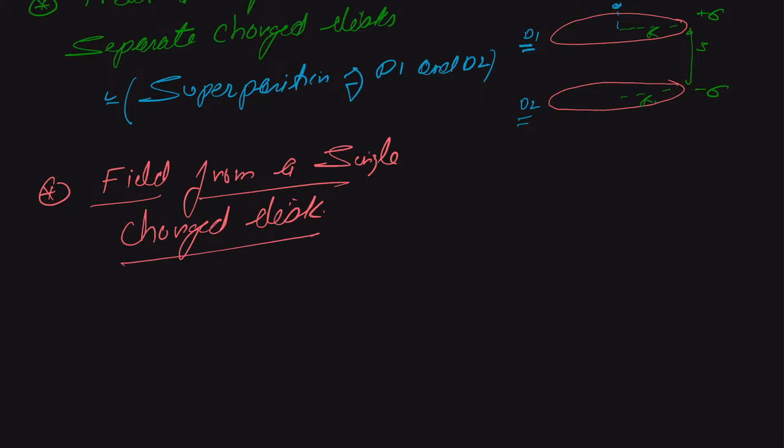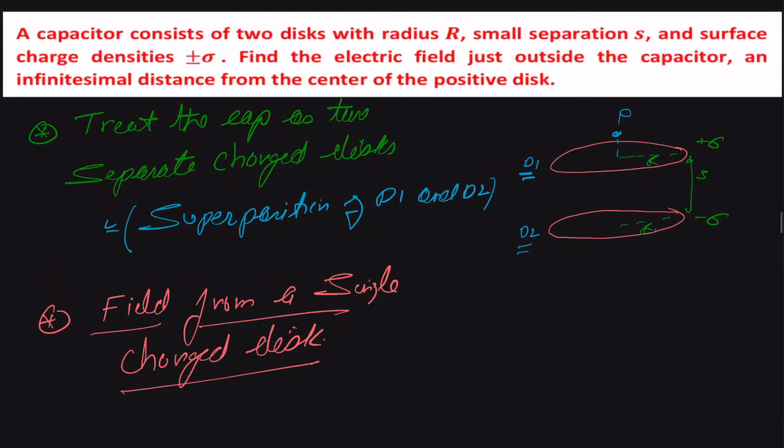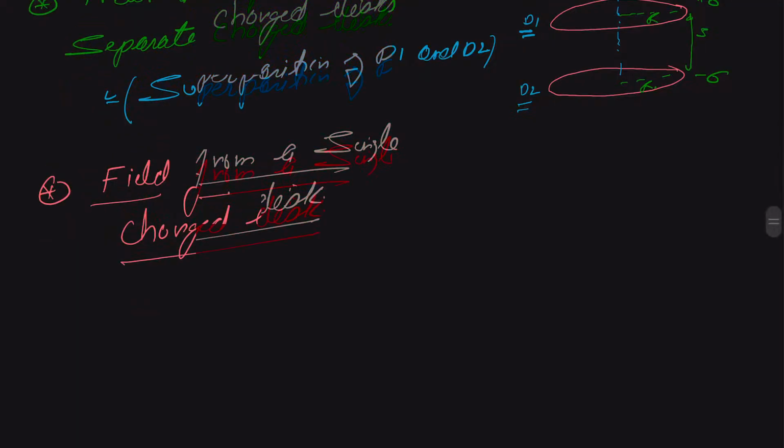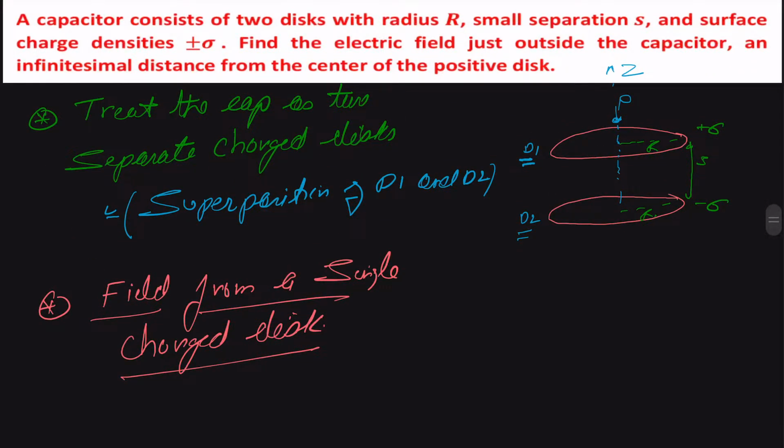Suppose we take this as the z-axis, and this point P, in general, for the start, let us assume it is at a distance z from the origin. So we can just write the formula and then modify that formula according to our requirement.